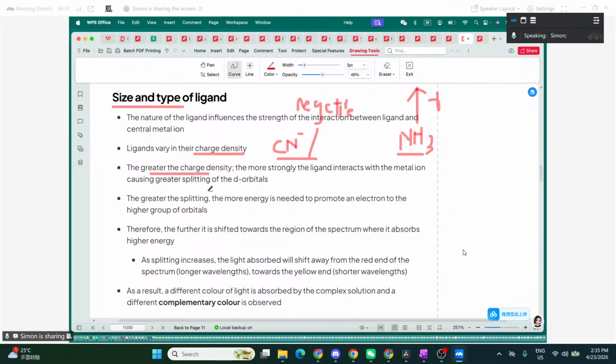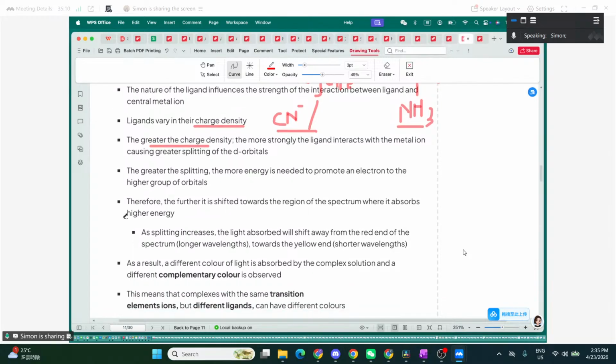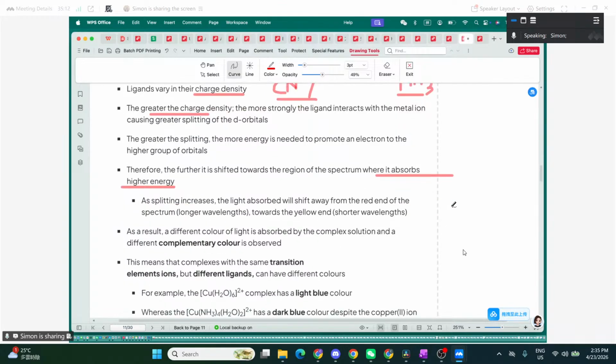And the further it is shifted to the visible region of the spectrum, where it absorbs the higher energy.